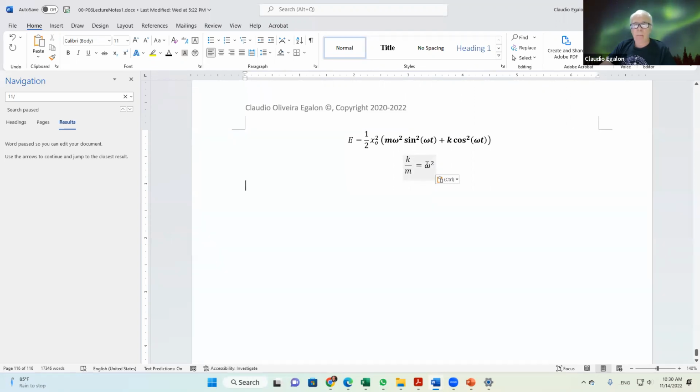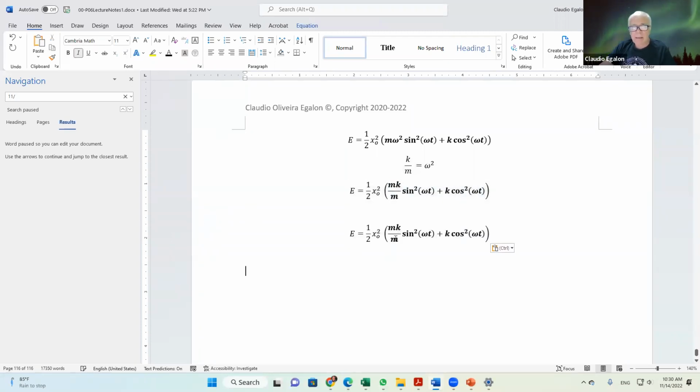Let's try to use this relationship, see if we get something nicer. We can write omega squared being K over M, right? So let's replace it there. K over M. And look what happens. Something unexpected. M cancels out with M, right?